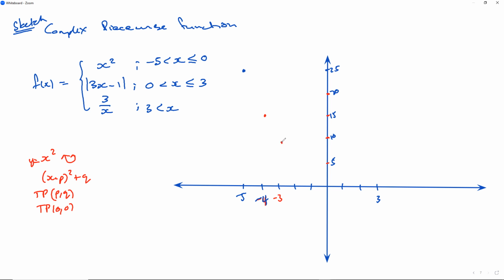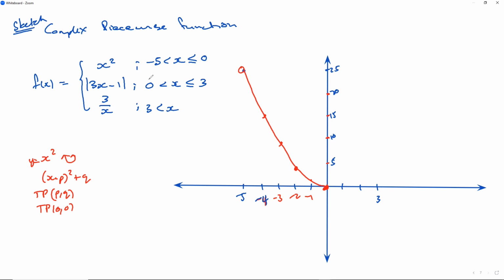I can see properly. And negative 2 gets me 4. Negative 1 gets me 1. And 0 gets me 0. So that's more or less the trend that I want this to follow. Okay. It's excluding negative 5, so we're going to put an open circle at that side, and we're going to put a closed circle on this side. So it's ending at 0 with a closed circle.